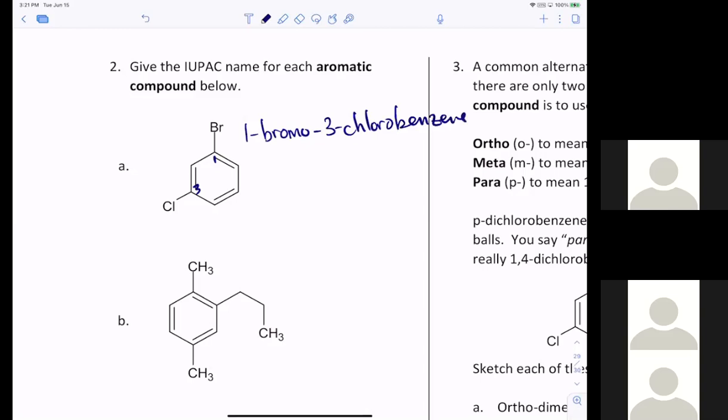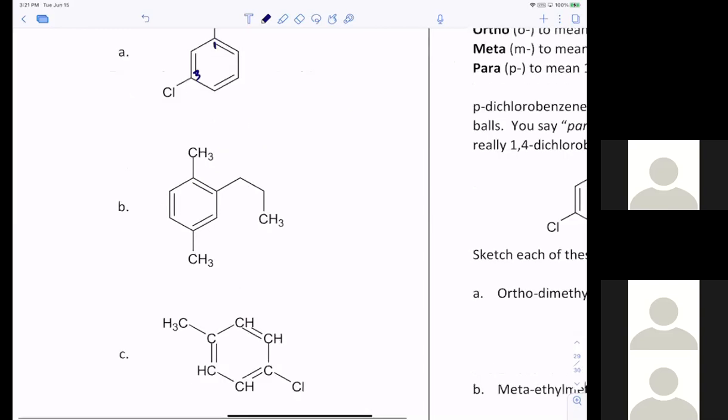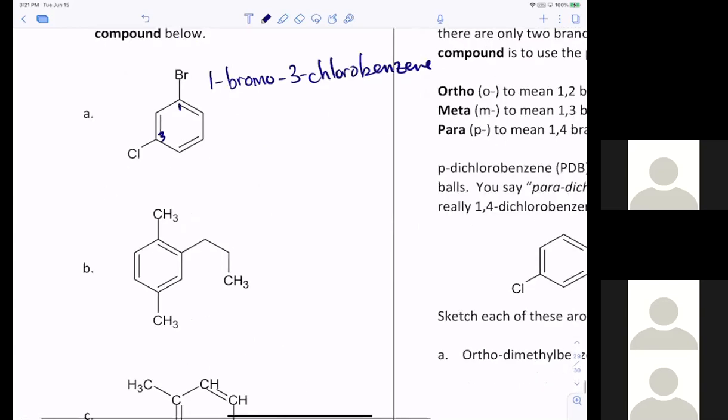Okay. If we name part B, like I said earlier, we have methyl branches, and then what's the other branch? What is that? Butyl. Careful. Oh, sorry, it's propane. Propyl, right? And we're going to have 3 carbons, that's propyl.